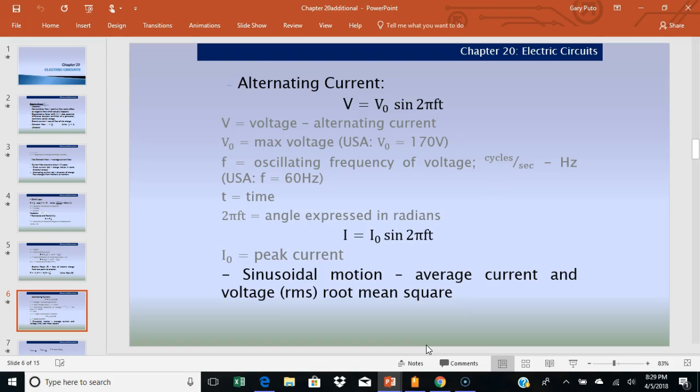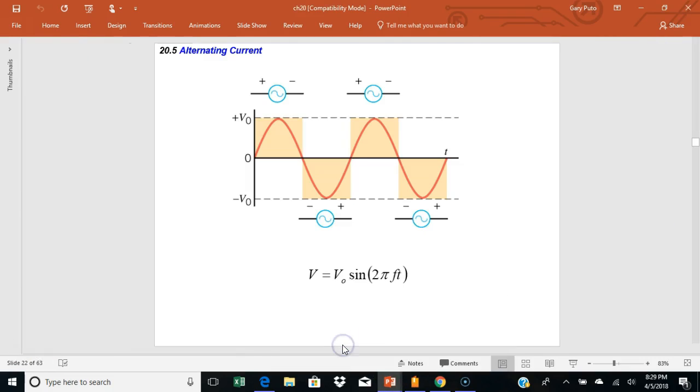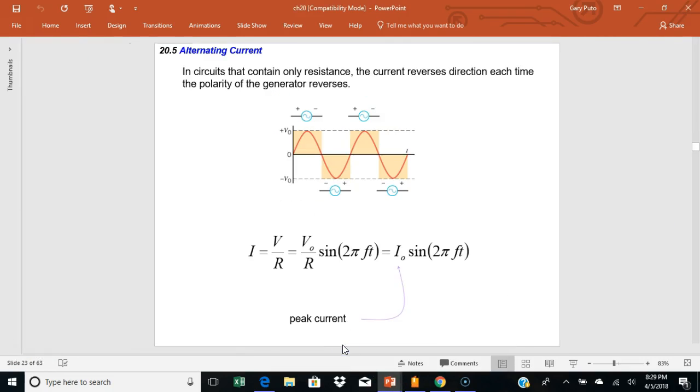Note the 2 pi f t is the angle expressed in radians. So to find the voltage in an alternating current, you take the max voltage, times the sine of 2 pi times the frequency times the time. That finds the voltage in circuits where the current reverses direction, just like I said.